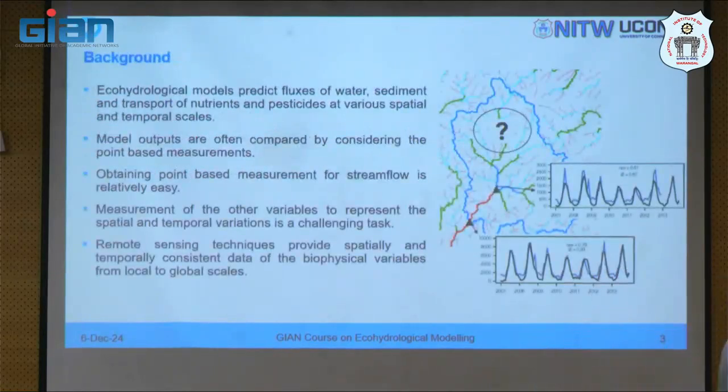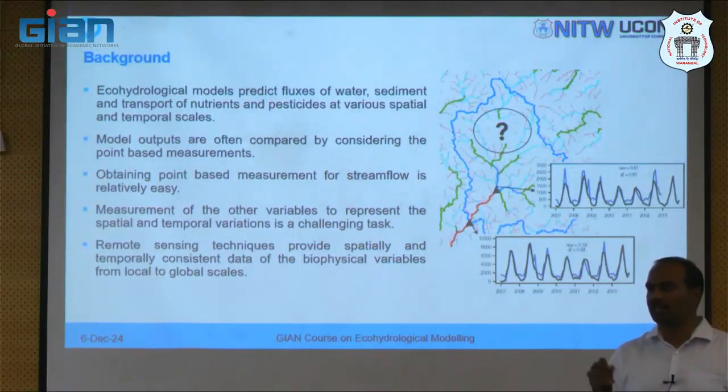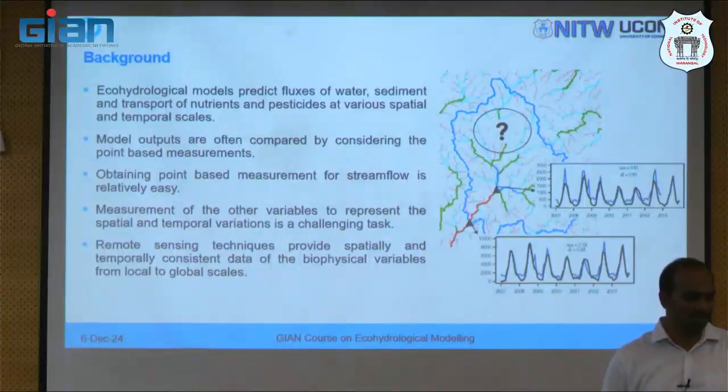Now, this is a watershed. Okay. It has 2 gauge points. And mostly we use the stream flow data from these gauge points to evaluate a watershed model. Now, anyone knows what is the principle behind it? Why do we use this stream flow data? Or what is the hypothesis here?